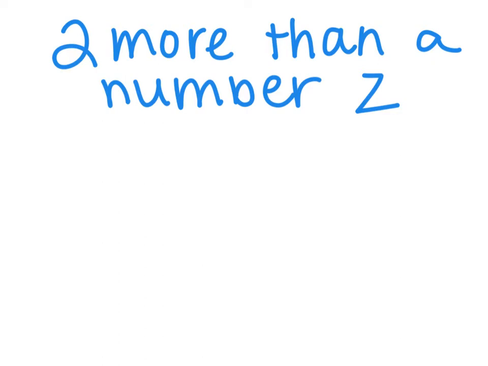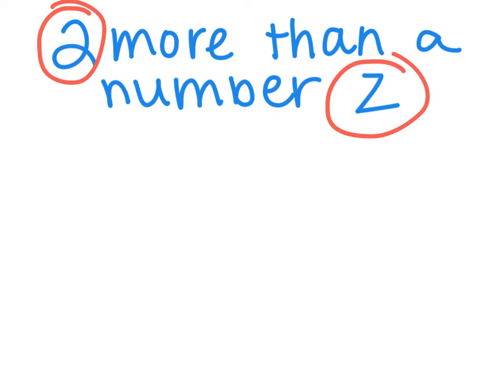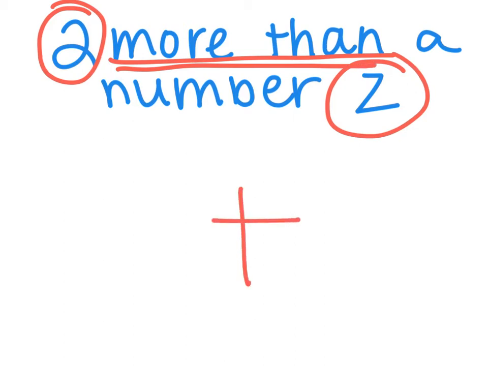I'm going to go through again and find out my numbers that I need to use, my variables, and any key phrases that tell me what operation I'm going to be doing. Here I have more than. I know that more than also means plus. So I don't have plus like I did last time, I have more than. So we need to think this through because plus and more than result in a tiny bit of a different algebraic expression, but it's really not a big deal.